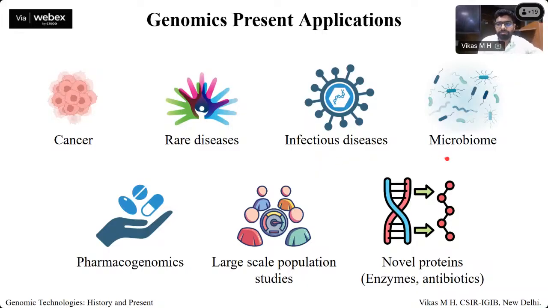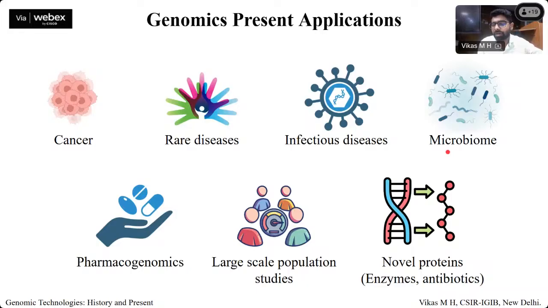And microbiome. Microbiome sequencing can help us know which microorganisms are present. In humans, it can be from skin, oral, or gut microbiome, where you can identify these organisms and how they are affecting our health.